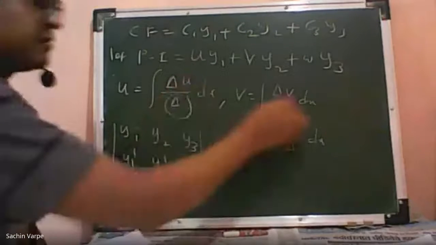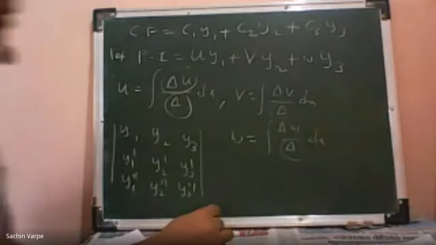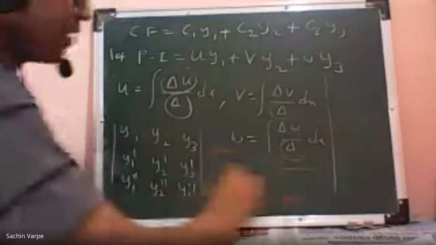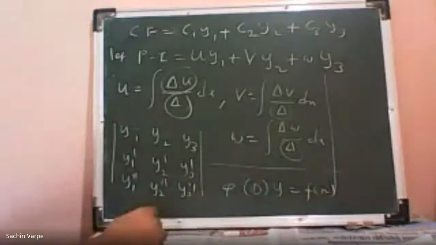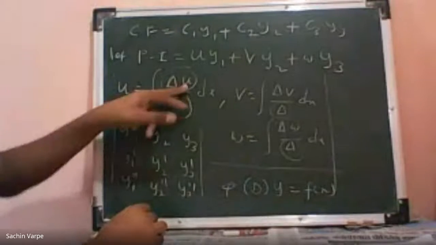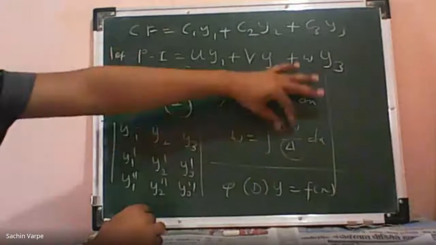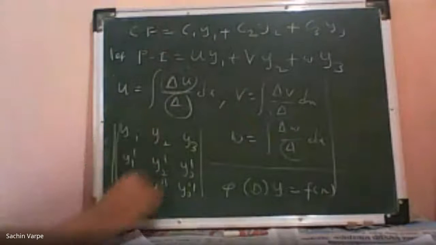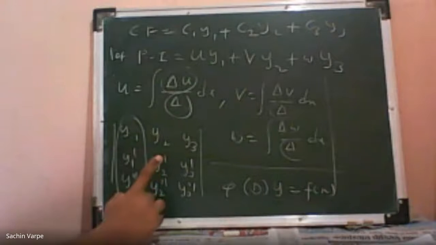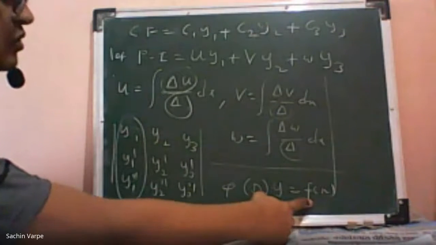These are deltas. Now what are delta u, delta v and delta w? The main differential equation is phi of D into y equal to f of x. This is our standard linear differential equation. Delta u, delta v and delta w are also determinants. While writing delta u, we replace the first column by 0 0 f of x.